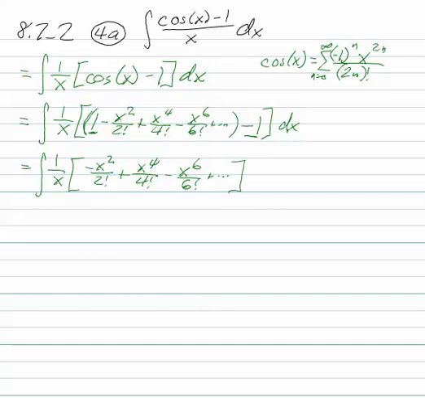This is exactly cosine where I start one term later in the series, so you leave off the n equals 0. So that's the only difference. To multiply through, you're just going to divide every term in here by x. So there are a couple ways to do it. We're going to say this is the integral negative x to the 1 over 2 factorial plus x cubed over 4 factorial minus x to the 5 over 6 factorial, excuse me, and so on.